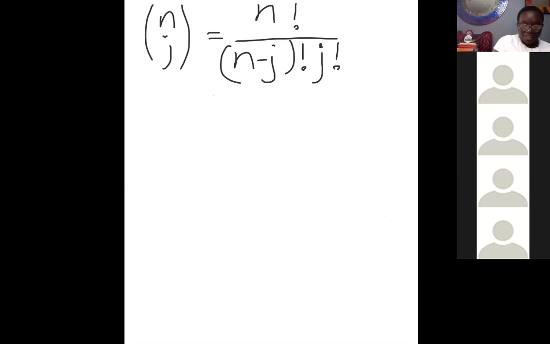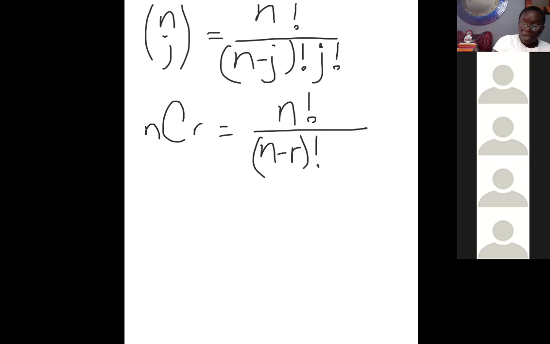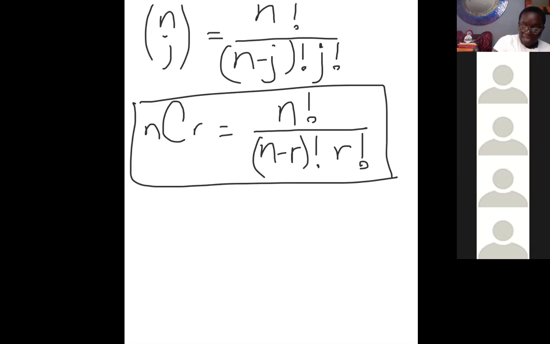By the way, this is the same thing as nCr. nCr means the exact same thing: n factorial over n minus r factorial times r factorial. This is primarily in stats, and let me write this down for you guys. This has to do with the combination of items, all right?